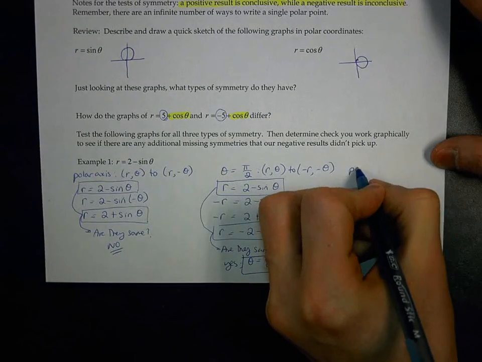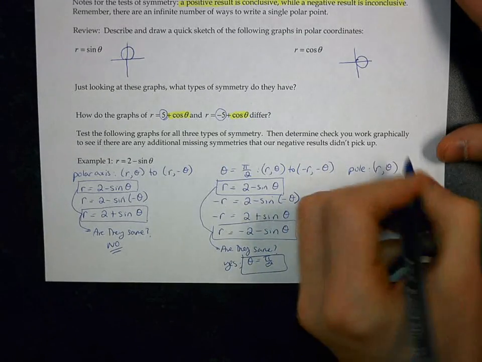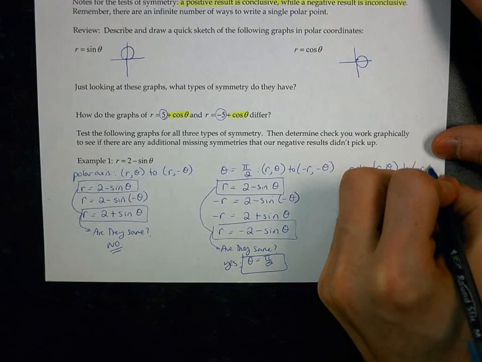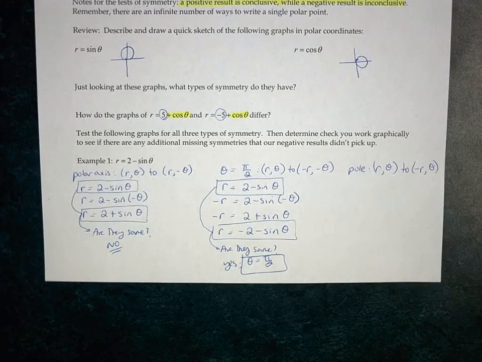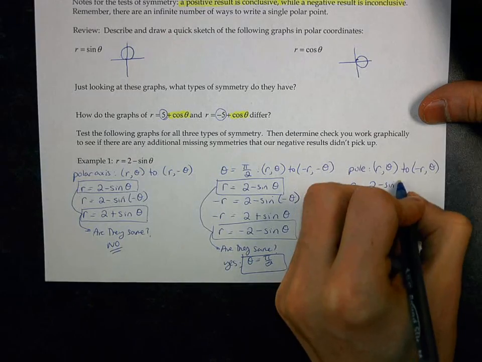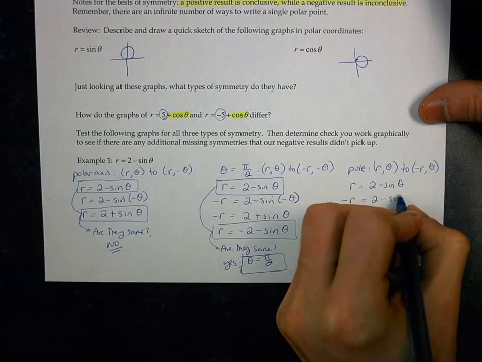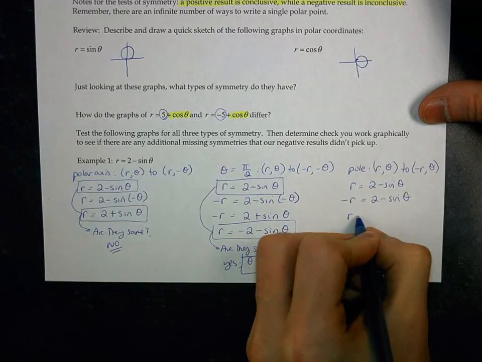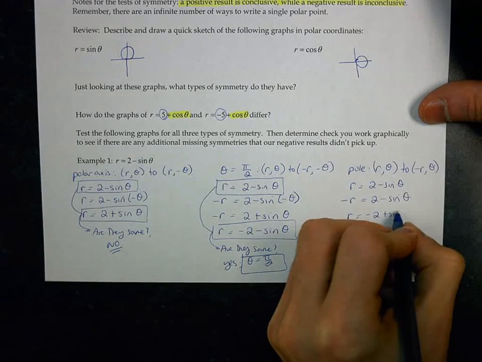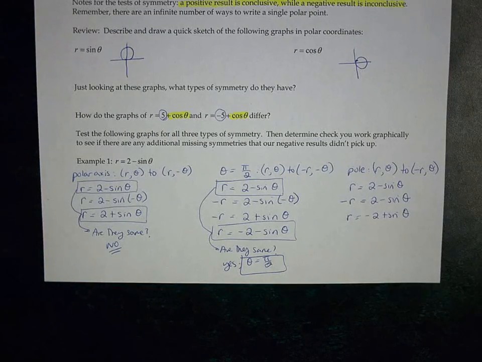The final one we're going to check is the pole. And for the pole, for every r, theta, we're going to convert that to negative r, theta. So my original, r equals 2 minus the sine of theta. We'll plug in a negative r and positive theta. And when I solve that, r equals negative 2 plus the sine of theta.